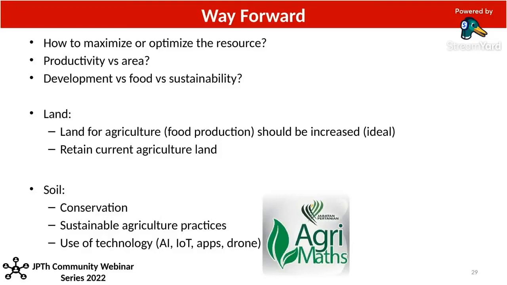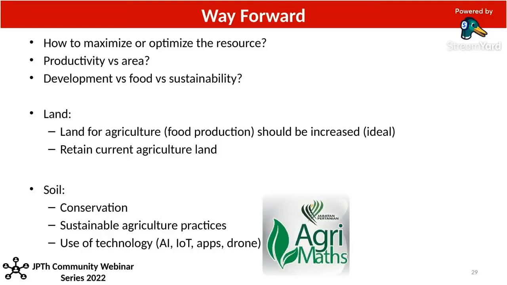So to wrap up, in conclusion, sustainable soil and crop productivity requires a good understanding of how soil physical, chemical, and biological properties interact to maintain soil quality. Besides, the land area also plays an important part in food production.